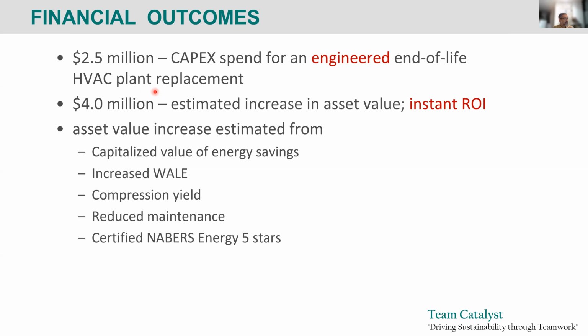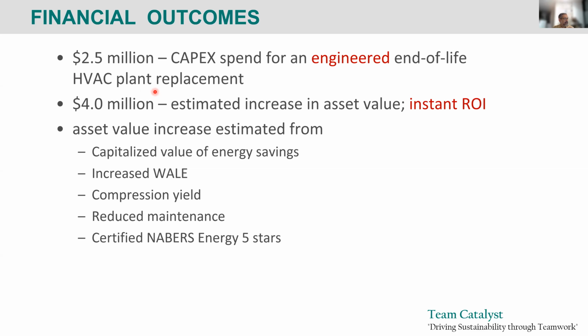Now, the financial advisor for the real estate investment trust worked out that because of all that had been done, the value of the building had gone up by $4 million, and that was an instant return on investment.